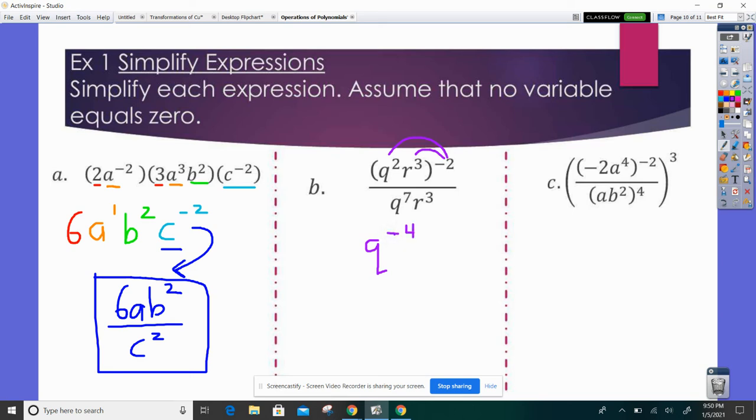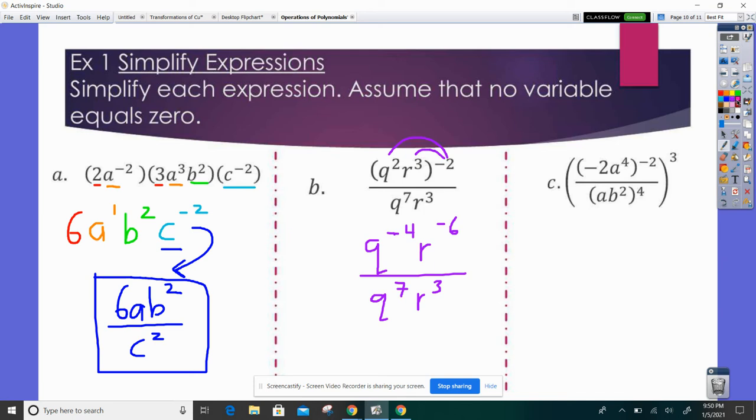So q to the power of negative 4, and I'm going to have r to the power of 3 times negative 2. And 3 times negative 2 is going to give me negative 6. So q to the power of negative 4, r to the power of negative 6, over q^7, r to the power of 3. Now I can use my quotient rule, and my quotient rule says when I divide, I subtract my exponents.